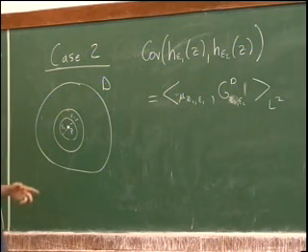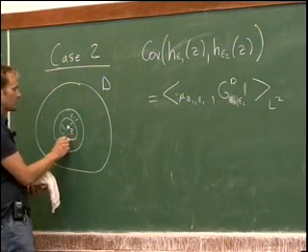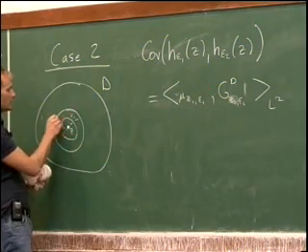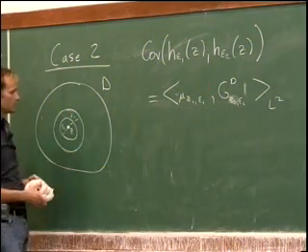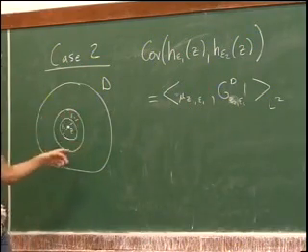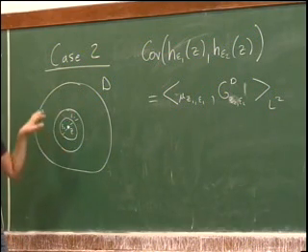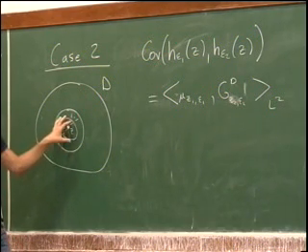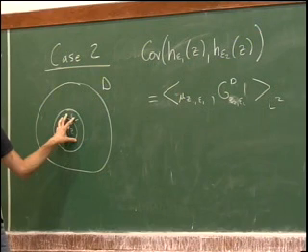Say I put the unit mass charge centered on the big circle, and then I ask, what's the average value of the potential on the smaller circle? Well, inside the big circle, the potential was constant, right? So the average value is just that constant. Is that clear? So it's much easier to do it that way.